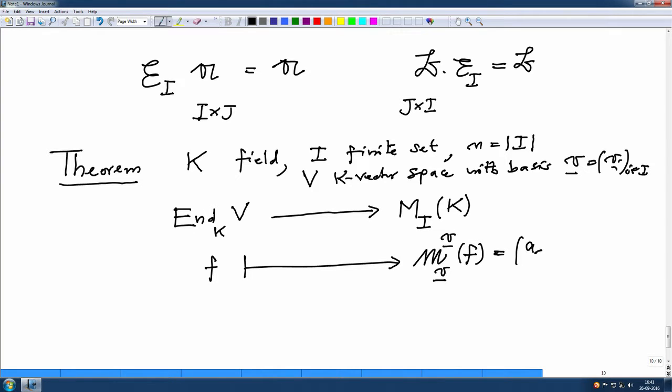This is A_ij. And what I want to say is that this map is an isomorphism, this map is bijective, an isomorphism of vector spaces, that is, it is a K-linear map and bijective. Moreover, it respects addition and multiplication, so it is also a K-algebra homomorphism, a K-algebra isomorphism.